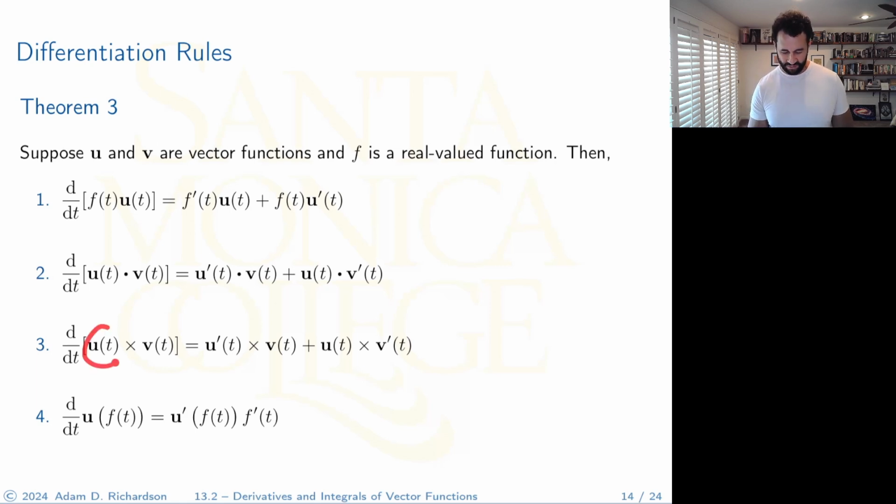So if you have u cross v, then the derivative of u cross v is u prime cross v plus u cross v prime, except now it's a cross. So the good news is the product rule works the same as you would want it to, no matter if you're multiplying by a scalar function, or you're using a dot product, or you're using a cross product, the product rule still applies, which is nice.